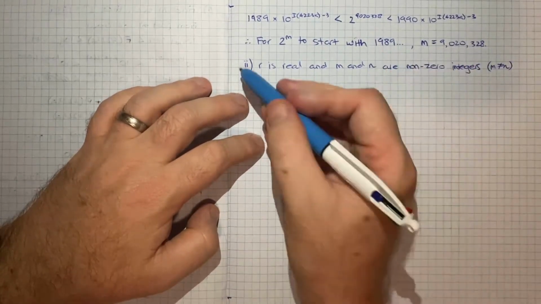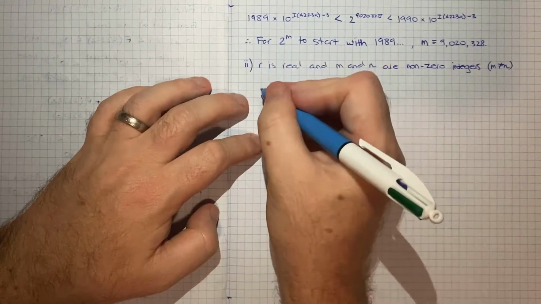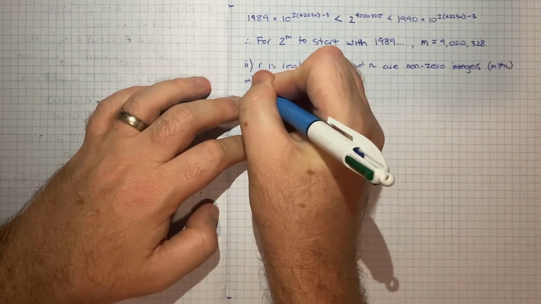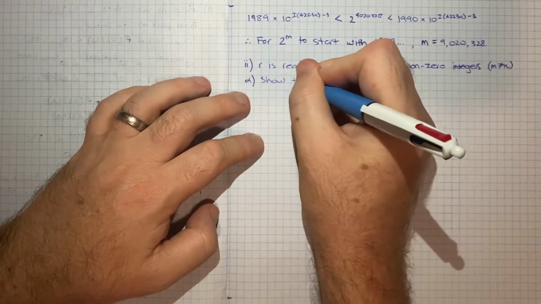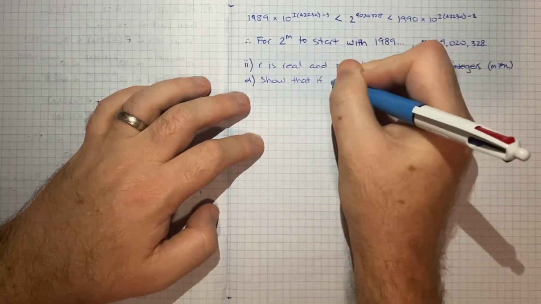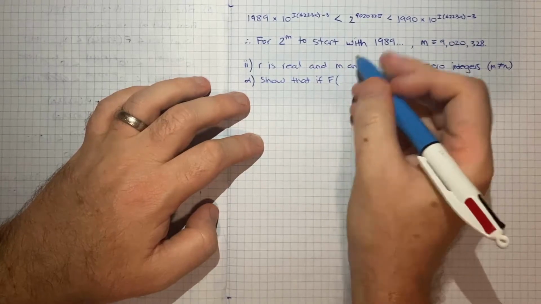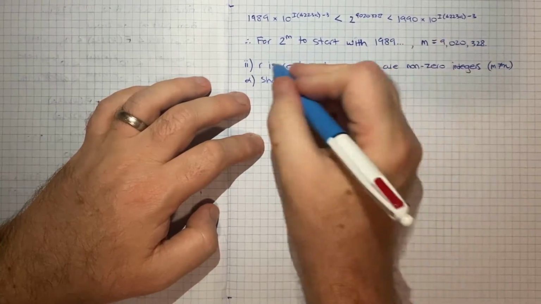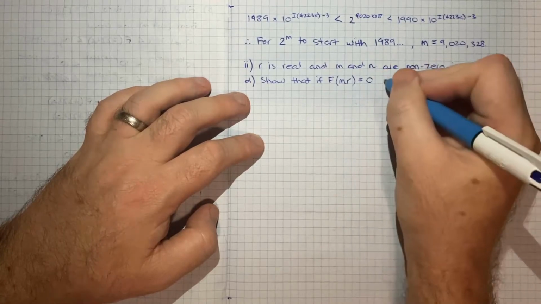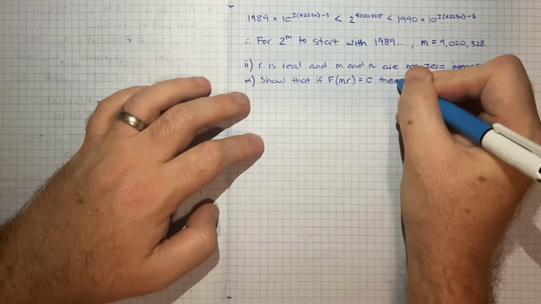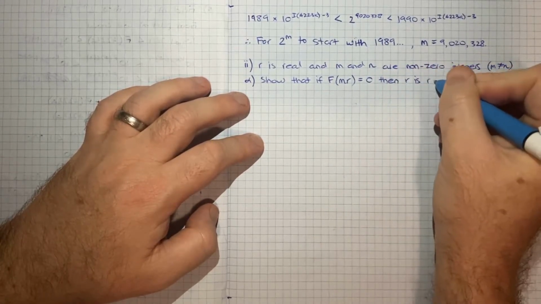And just like before, this part has its own 2 subparts. So part alpha is asking us to show that if the fractional part of M, so the first integer, times the real number R, if that's equal to 0, then R is rational.